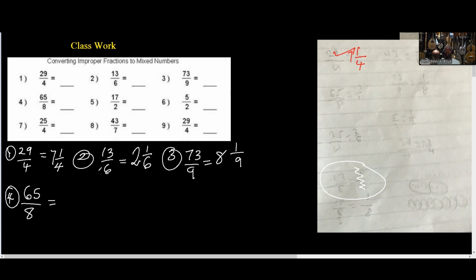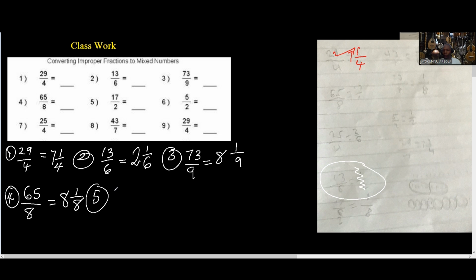That is 8, which is 64. Then it remains 1 over 8. Is that clear now? Yes. Because 8 times 8 is 64. So there are 8 eights in 65, which is 64. Then it remains 1.